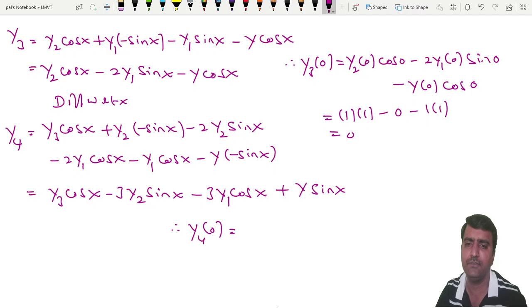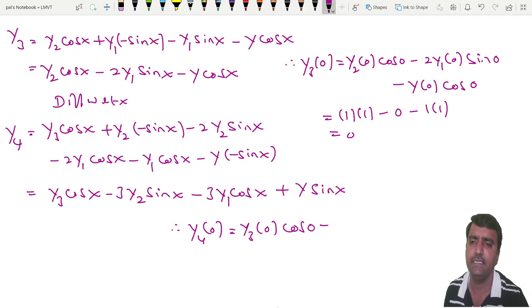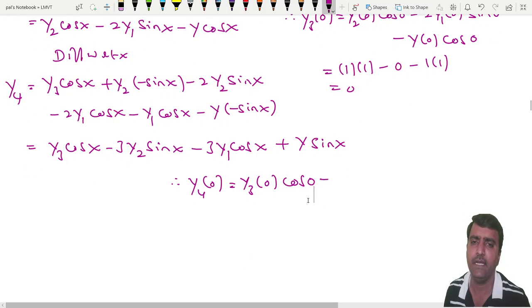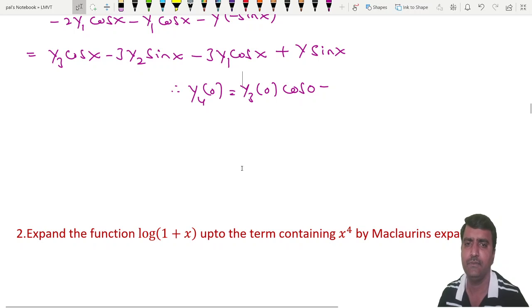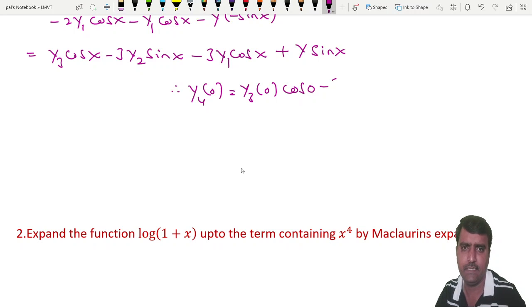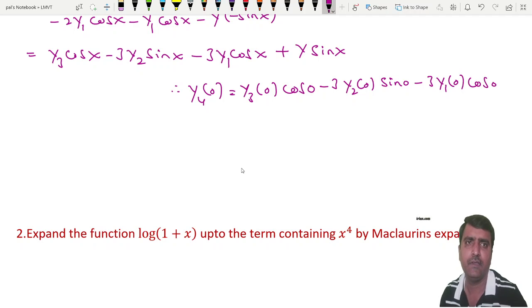Y4 of 0 is equal to y3 of 0 into cos 0 minus 3 y2 of 0 into sin 0 minus 3 y1 of 0 into cos 0 plus y of 0 into sin 0 plus y of 0 into sin 0.